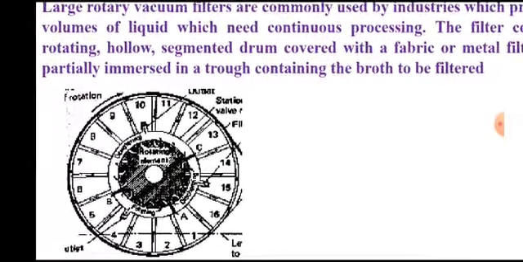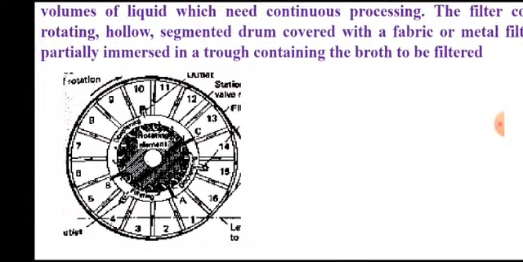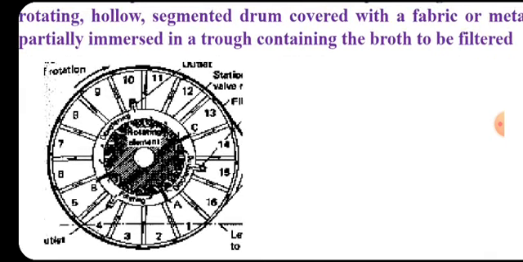So it is a rotating drum, inside which you can see it is hollow and it has compartments. That means it has septation, or it is a segmented drum. There are chambers which are numbered from 1 to 16. You can see in this diagram, these are the chambers, and at the center there is application of vacuum.